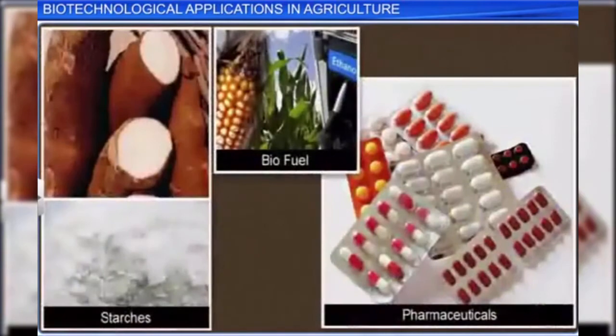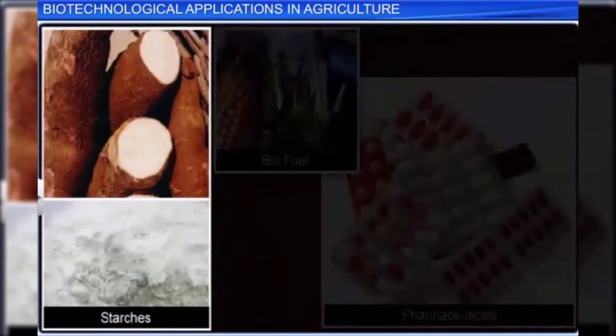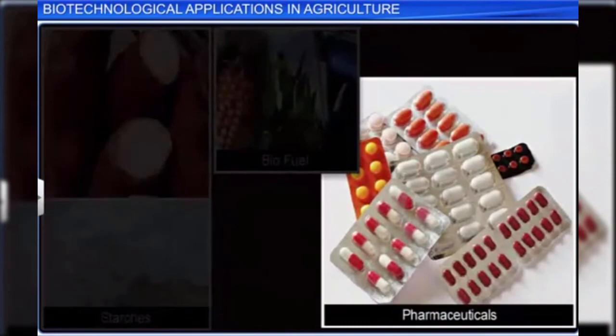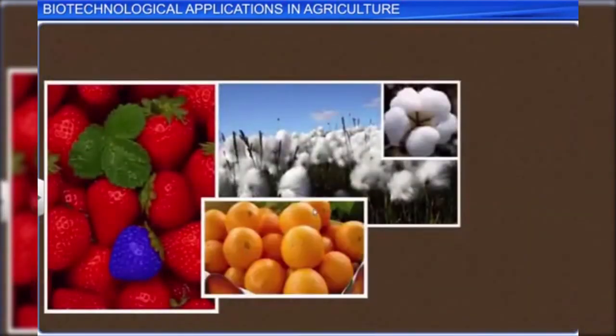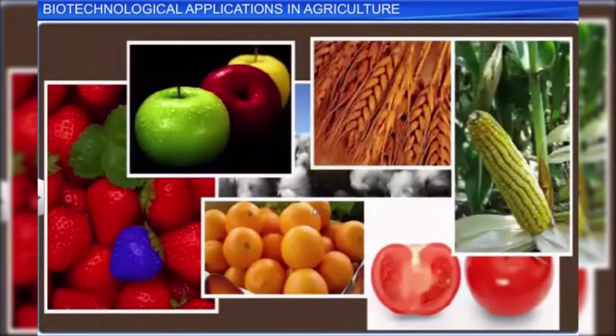Some GM plants also cater to industrial needs by providing resources such as starches, fuels, and pharmaceuticals. However, the greatest contribution of biotechnology to the field of agriculture is the production of pest-resistant plants.